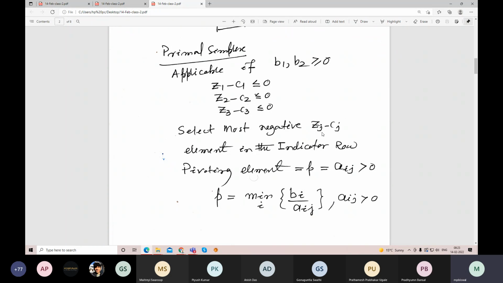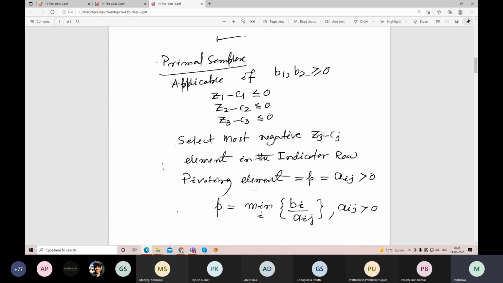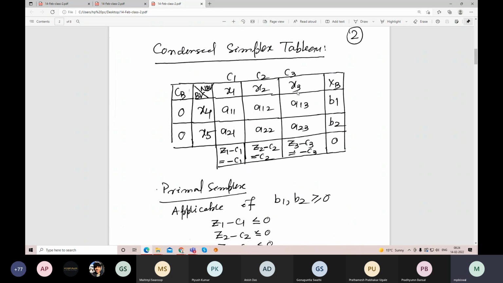Let us say J equal to 5 or J equal to 3, meaning the 5th column. Here there are 3 columns, x1, x2, x3. If J equal to 1, then x1 will be the entering variable. J equal to 2, x2 will be the entering variable. J equal to 3, x3 will be the entering variable. Among 3 non-basic variables, one of them will be the entering variable.